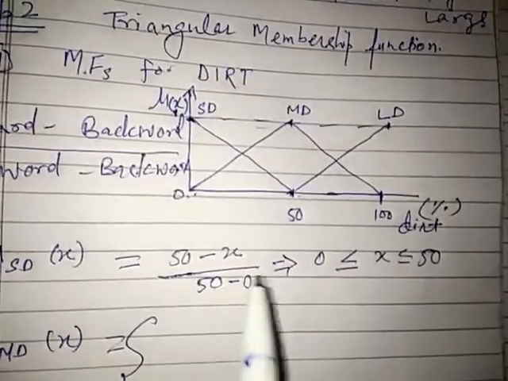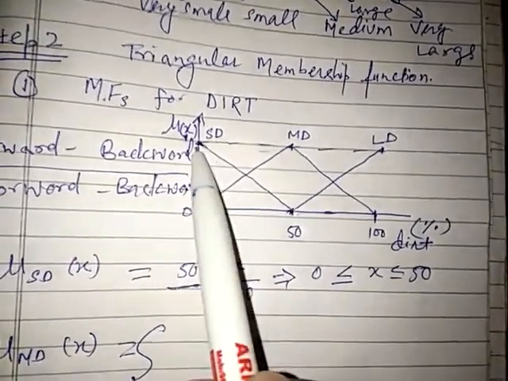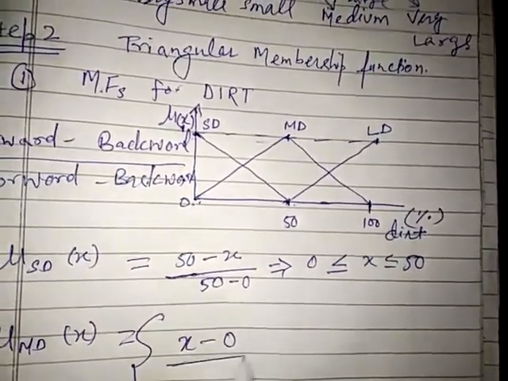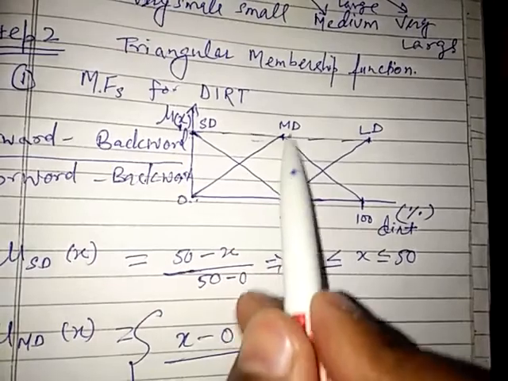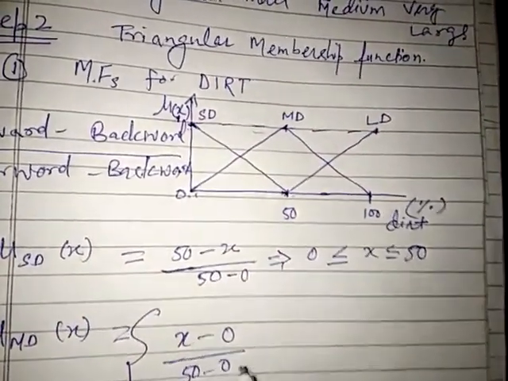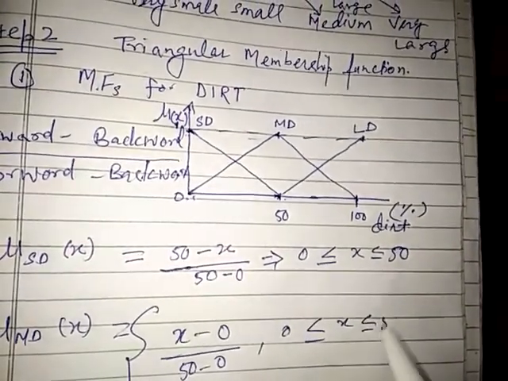The first is x minus 0 divided by 50 minus 0, with range x to 50.